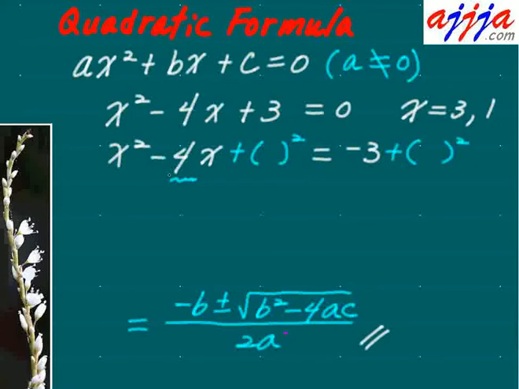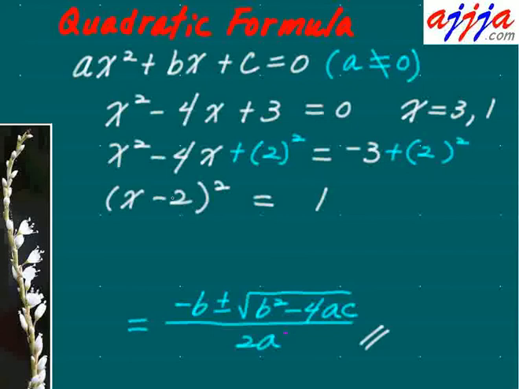Half of this one. It's going to be squared anyway, so it doesn't matter negative or positive. Half of that one is 2. Then we can write the equation: x minus 2 squared equals. We calculate the right hand side, which is 2 squared, that's 4, minus 3. That's going to be 1 right there.